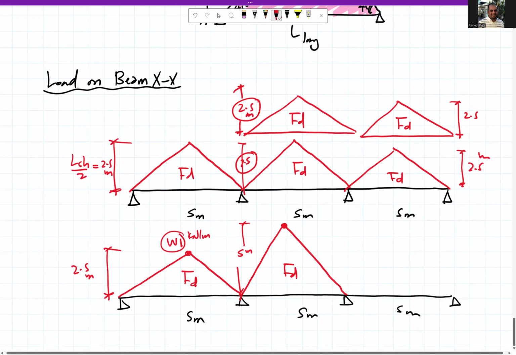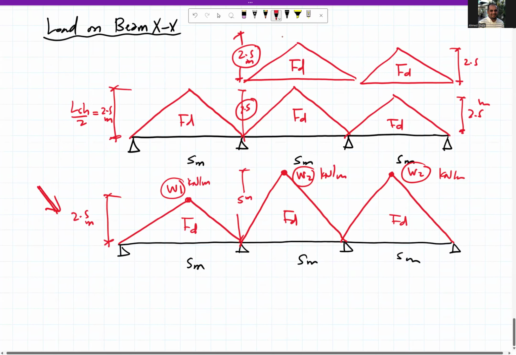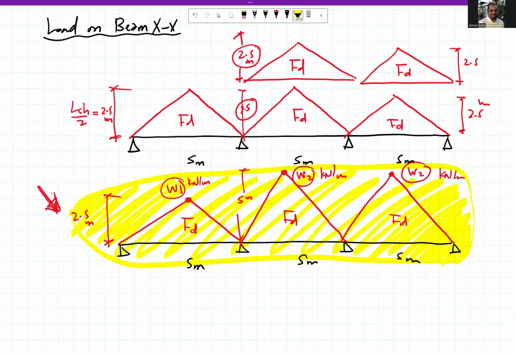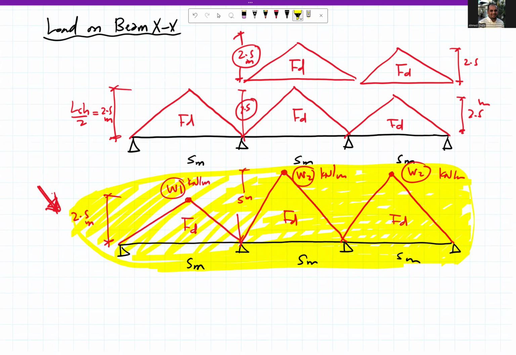And again FD, the value here of the load W2 in kilonewton per meter. And similarly, we have W2 in kilonewton per meter. Okay, so this is the load on the beam we are looking for. This is our requirement for the beam. So how can we complete this requirement? We need to find how much is W1 and W2.